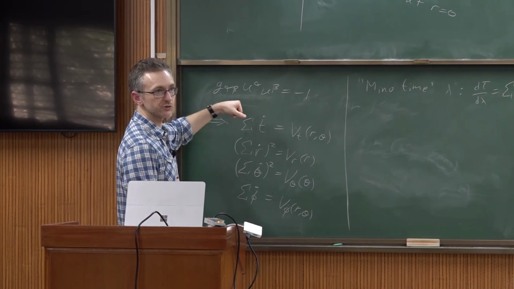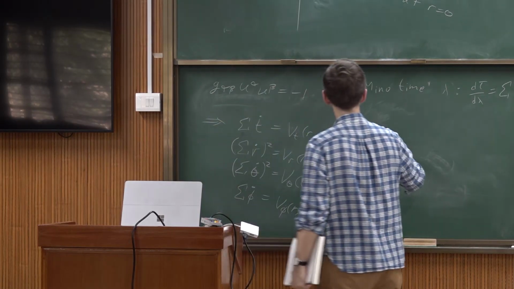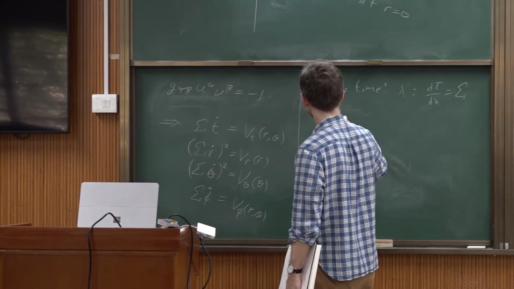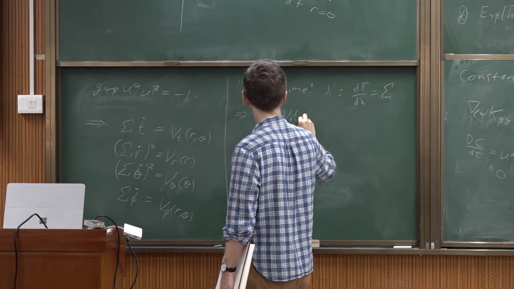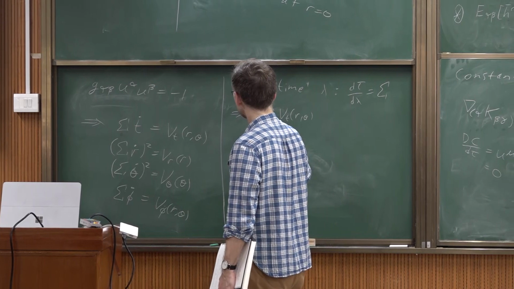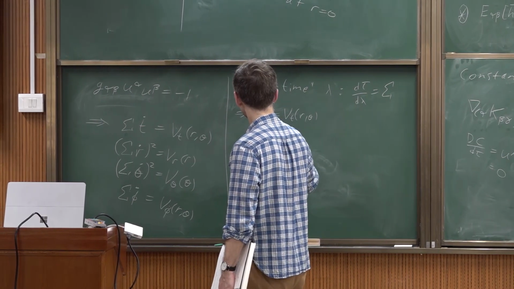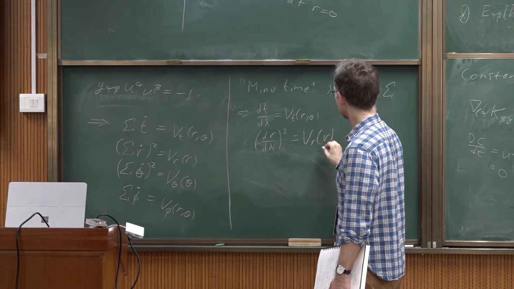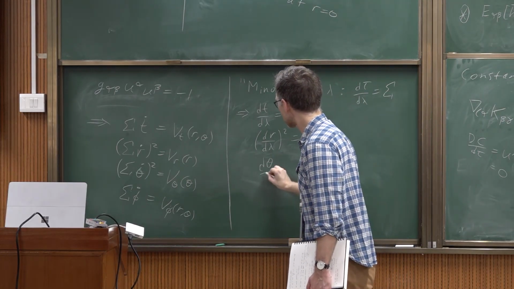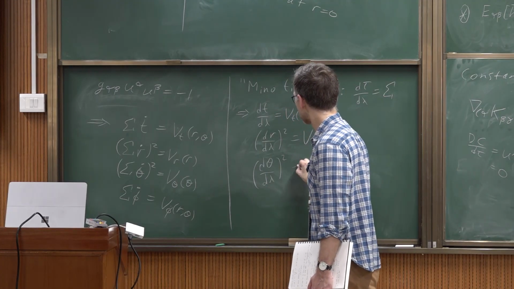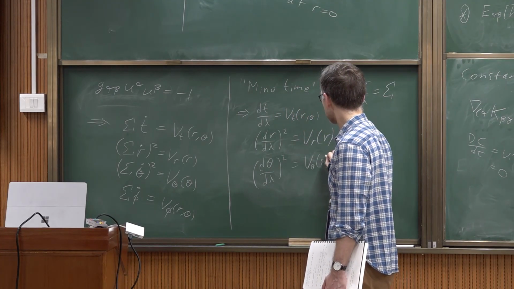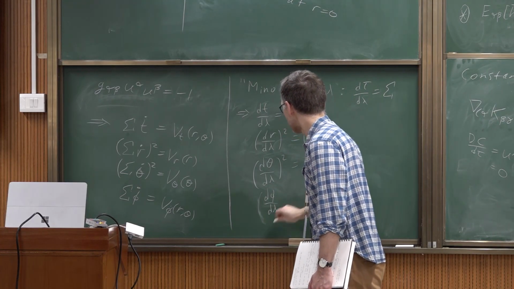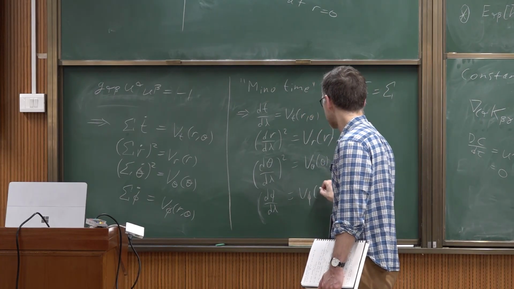So the dτs just cancel, and I get equations for dt/dλ equal to v_t of r and theta, (dr/dλ) squared is v_r of r alone, (dθ/dλ) squared is v_θ, it only depends on theta, and dφ/dλ is v_φ of r and theta.